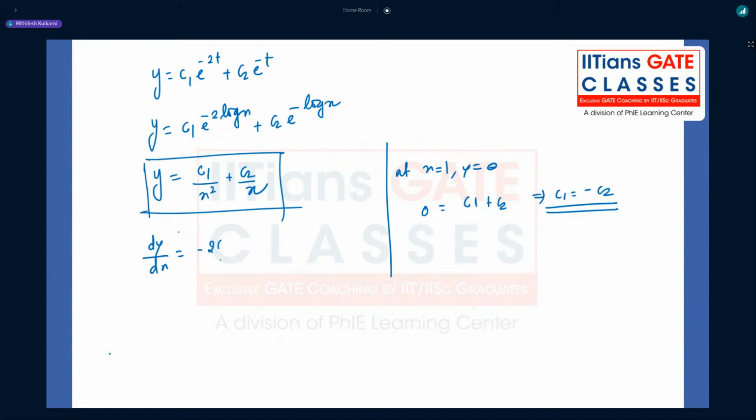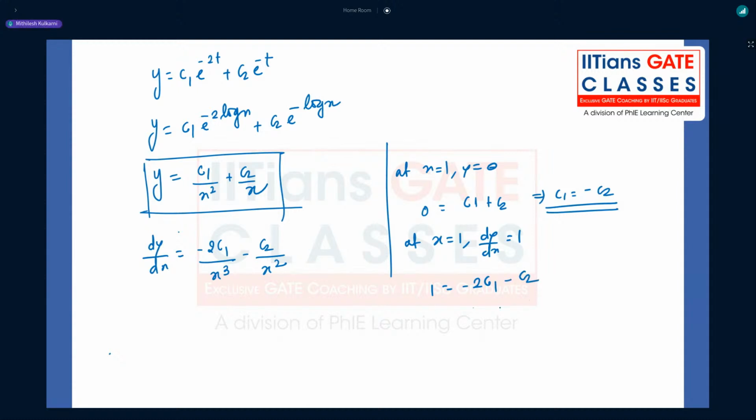So minus 2 c1 by x cube. Differentiation of 1 upon x is minus 1 upon x square. So minus c2 by x square. And now if you put the initial condition dy by dx equal to 1 at x is equal to 1, 1 will be equal to minus 2 c1 minus c2.